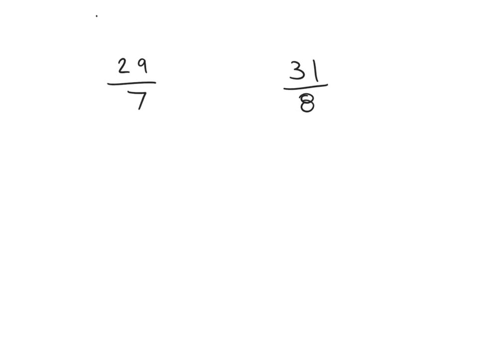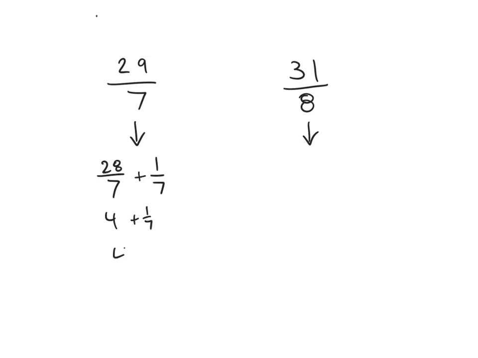We can continue to use this idea of benchmark fractions when we're just given two improper fractions and asked to compare them. I'm going to show you what that looks like with 29/7 and 31/8. First, I'm going to convert both of these into mixed numbers. For 29/7, if I use decomposition, I know that 28/7 is 4 wholes, and that leaves me 1/7 left.